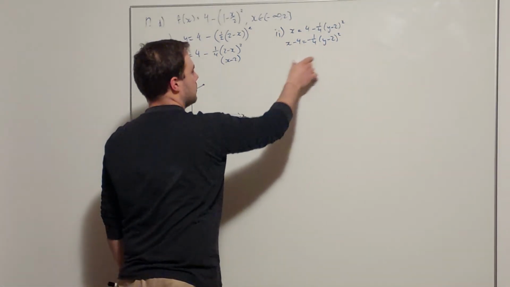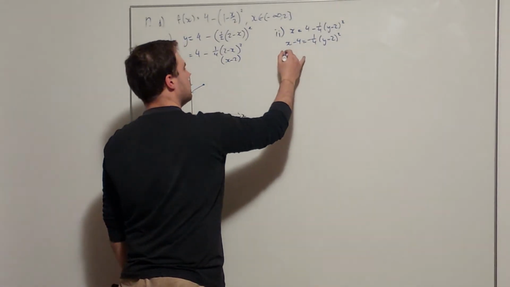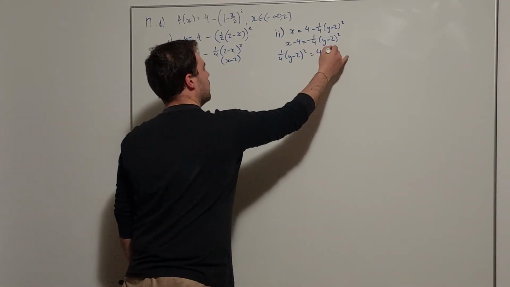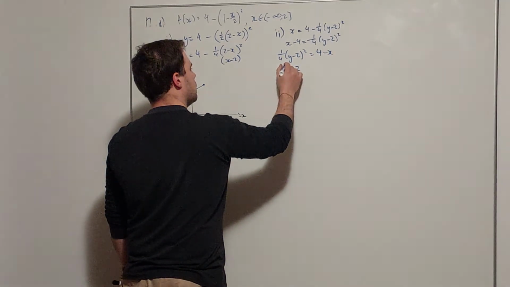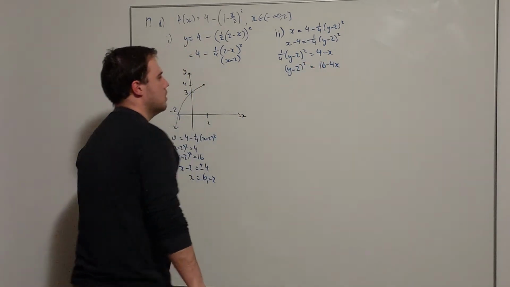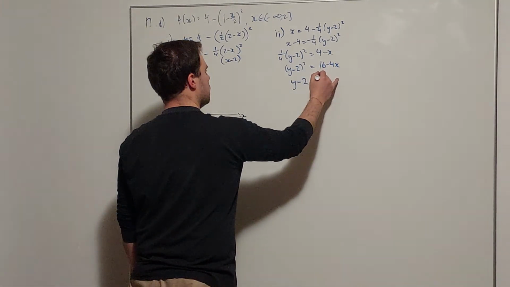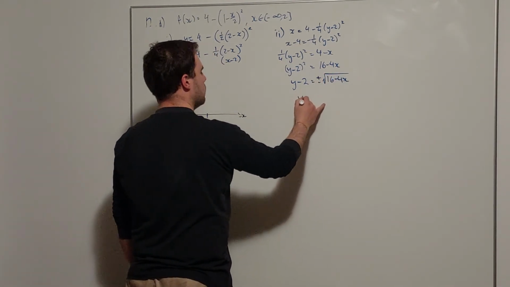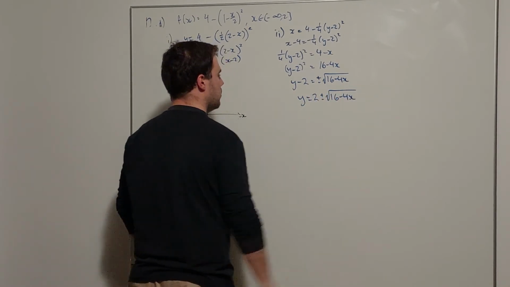I'm going to add this to this side and that to that side, so I get positive a quarter, and then 4 minus x, times that through by 4: y minus 2 squared equals 16 minus 4x. y minus 2 equals plus or minus root 16 minus 4x, so y equals 2 plus or minus root 16 minus 4x.